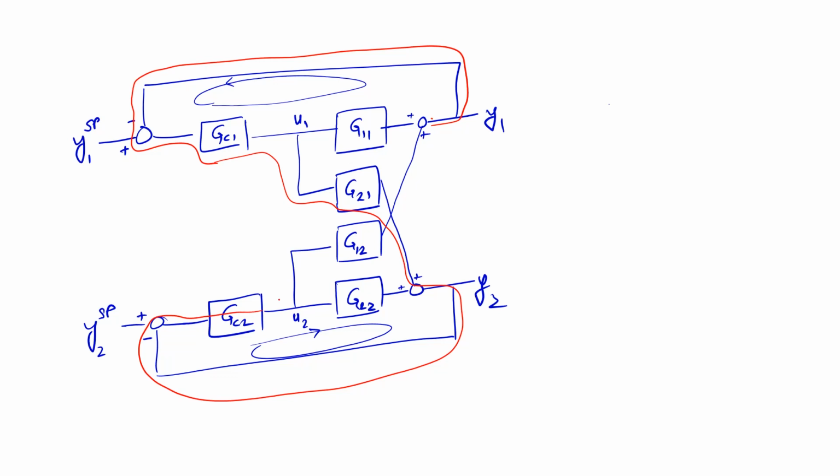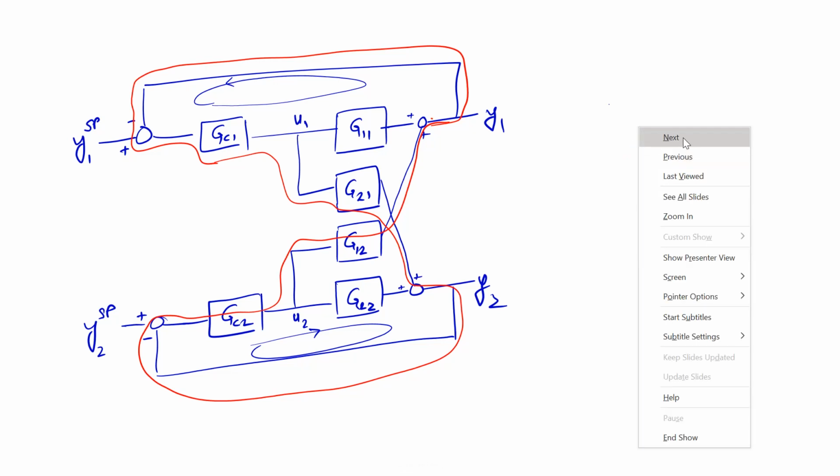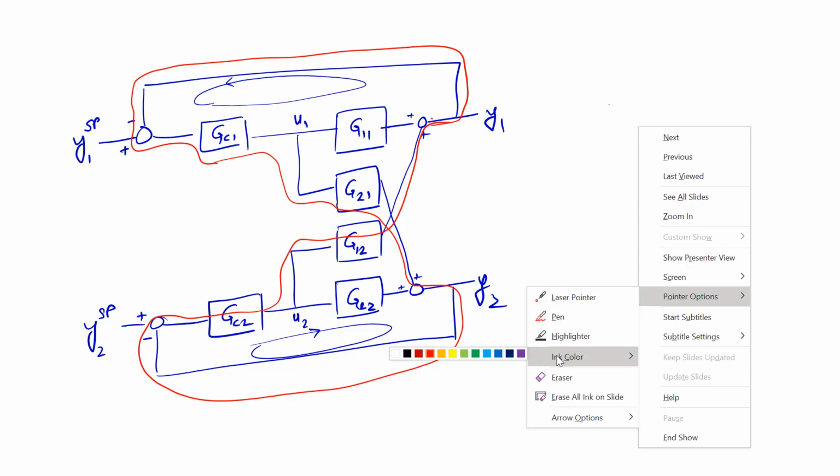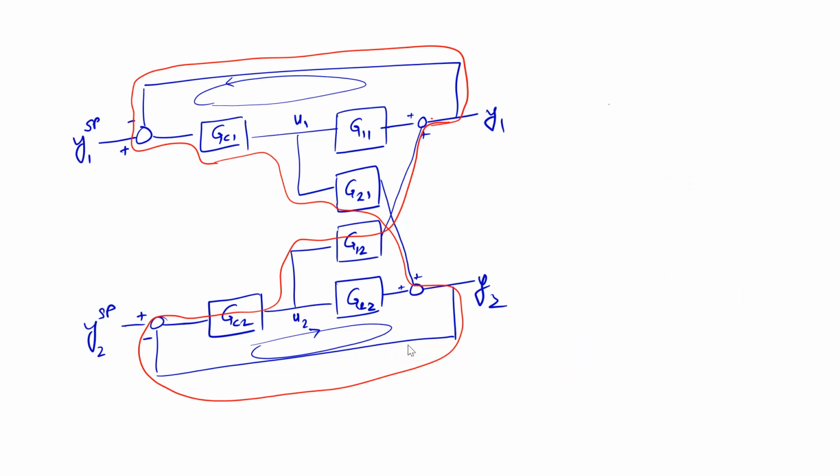There is this extra feedback that's occurring in addition to the 2 feedback loops. Oops, that went wrong. So let's use black then. So the figure of 8 extra feedback loop is drawn in red.